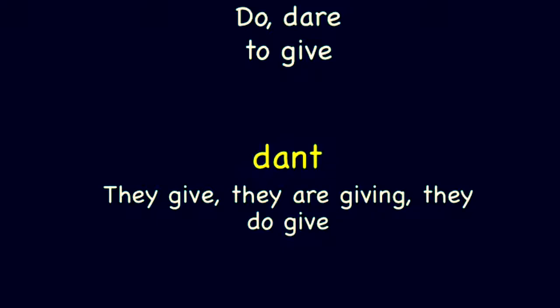The subject could also be a plural noun or two singular nouns. Because this verb does not have any nouns written with it, we must use the pronoun they as its subject and translate it in the present tense in one of these three ways. They give, they are giving, and they do give.